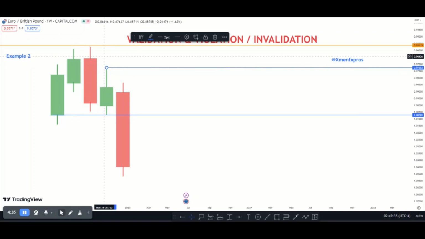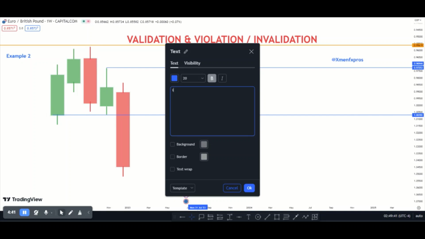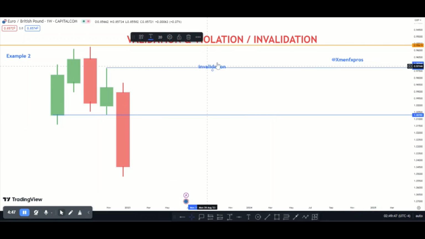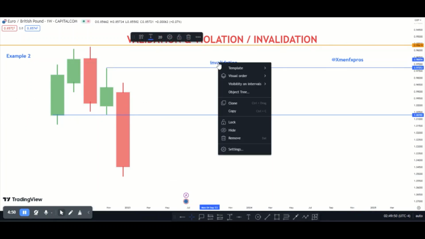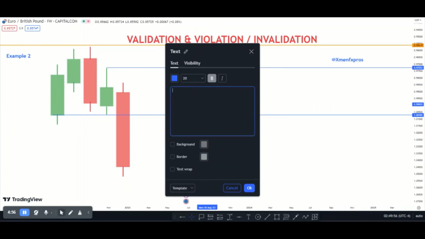So we mark the candle wicks. So that's why our focus is from here. You get? So this will be our invalidation, and this will be our validation. I'll show it in the chart examples.